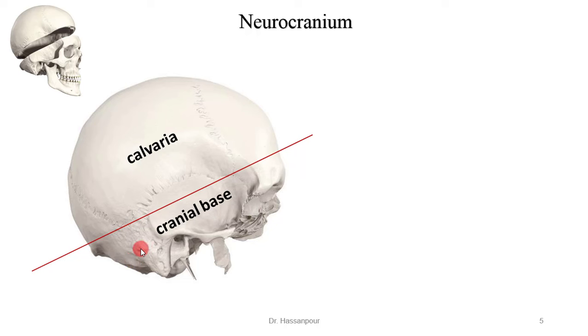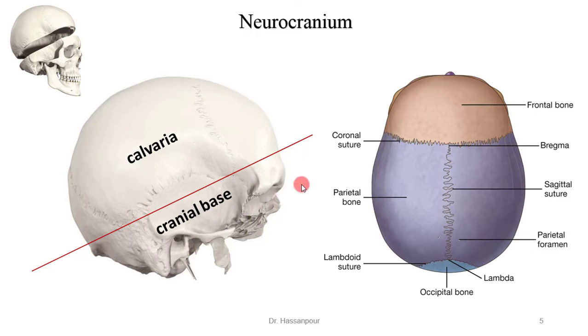The brain case can be divided into 2 parts: the skull cap, which we also call the calvaria, and the cranial base. If we look at the top of the skull, you can see that the skull cap is made up of paired parietal bones and parts of the frontal bone as well as the occipital bone.